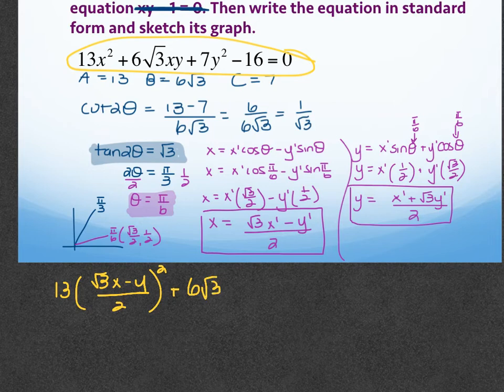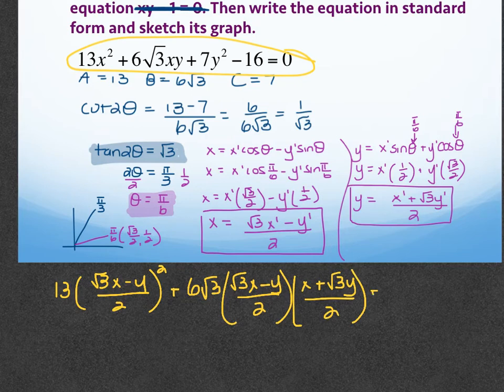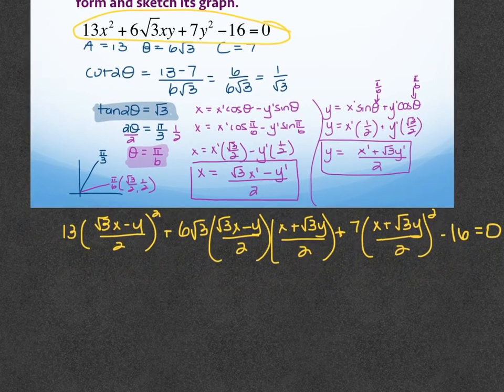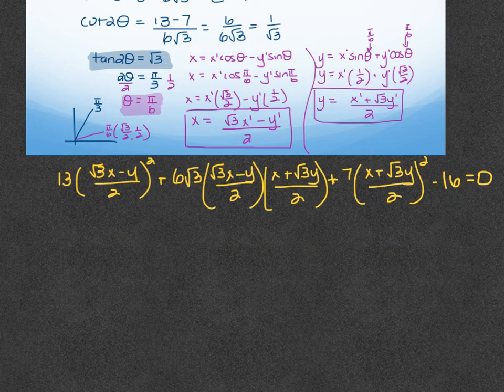Plus 6 root 3x times y plus 7 times y squared minus 16 equals 0. Questions so far?